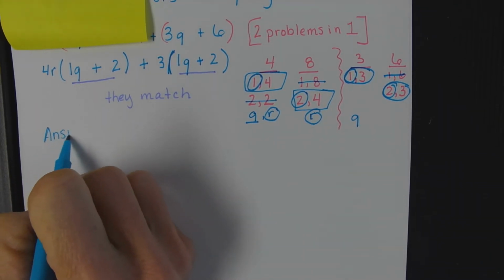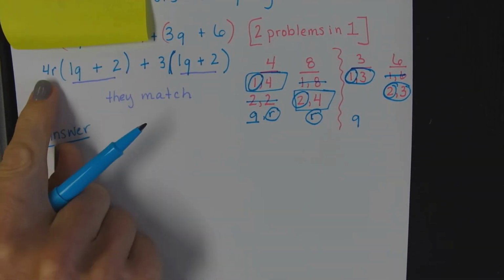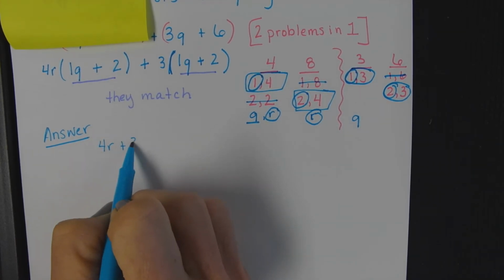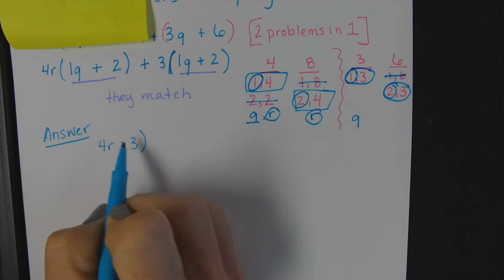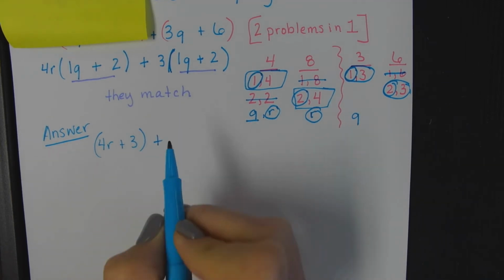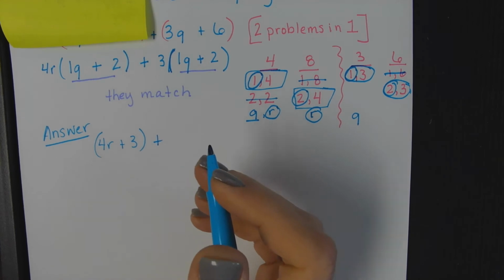Let's focus on what's outside. What do we have outside of the parentheses? 4R and plus 3. Plus, what's repeated? 1Q plus 2.